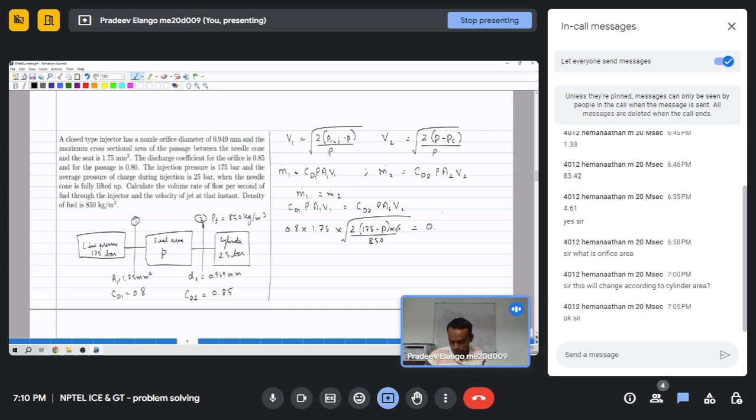And here it is 0.85 into area, which is pi by 4 d square, D is 0.494 squared, into root of 2 into P minus 25 by 850 into 10 to the power 5.